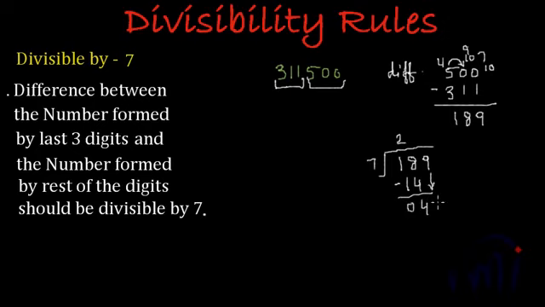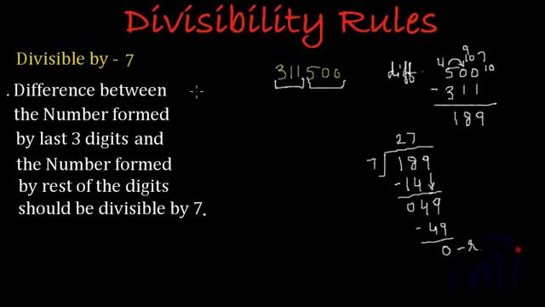I'll take this 9 down and this will become 49, and 7 7s are 49, and 49 minus 49 gives us remainder as 0, right? So this 189 is divisible by 7, right?